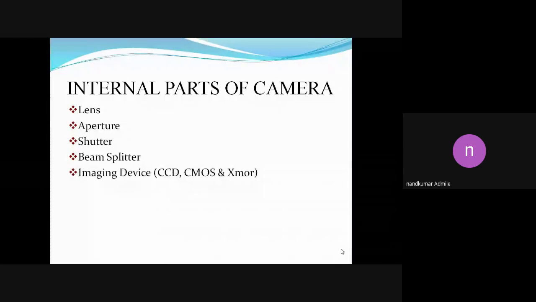Okay, so if we observe a video camera, then we need to understand the various internal parts of a camera. Now listen carefully. In image processing, in Unit 1, we studied the structure of a human eye.